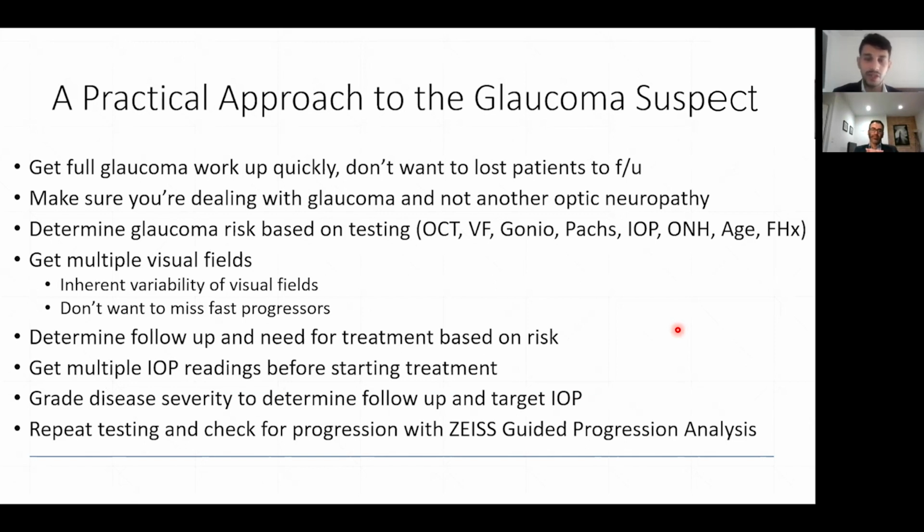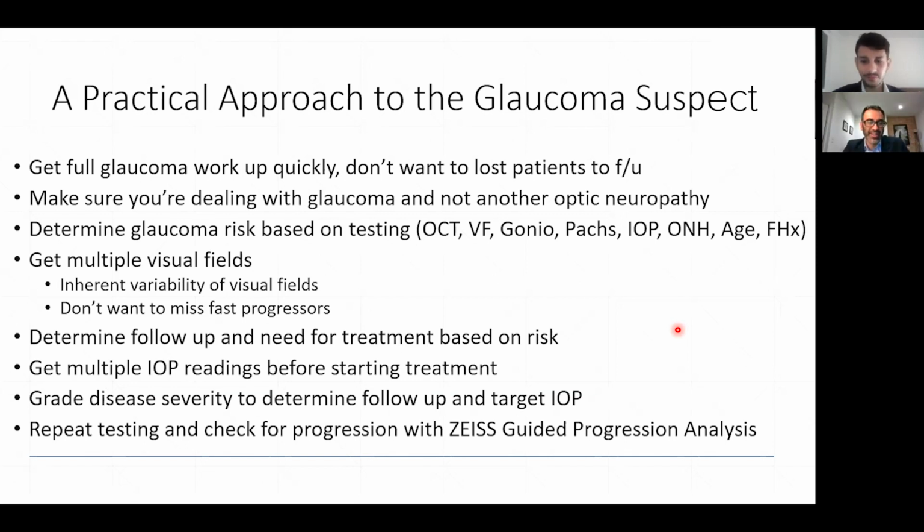Is it a patient that's variable? Is it a machine that's variable? Is it age-related change? But the GPA really takes all that into account, and it gives us an objective measure of progression. So instead of having 10 different docs look at the same data and give you 10 different opinions, you have one objective data point on progression. And like you said, progression is the key to glaucoma. Without progression, probably not glaucoma, or you've treated it very, very well.